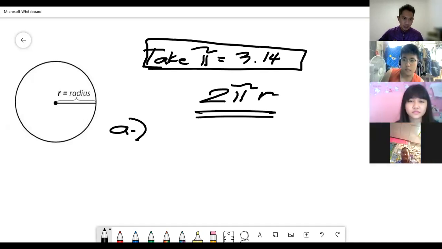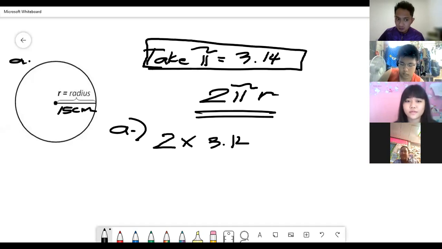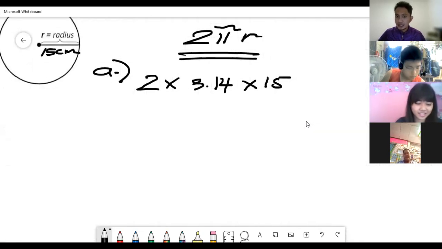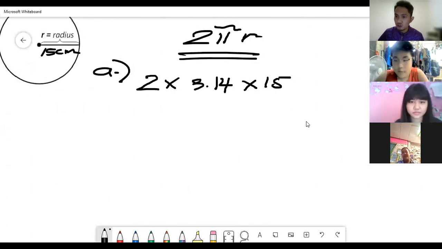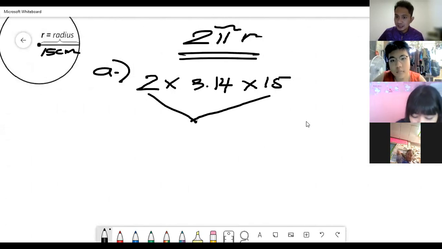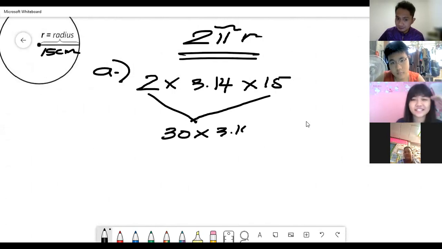Now letter A: the radius is 15 centimeters. 2 times 3.14 times 15. Very easy. 2 times 15 is 30. Meaning 30 times 3.14.